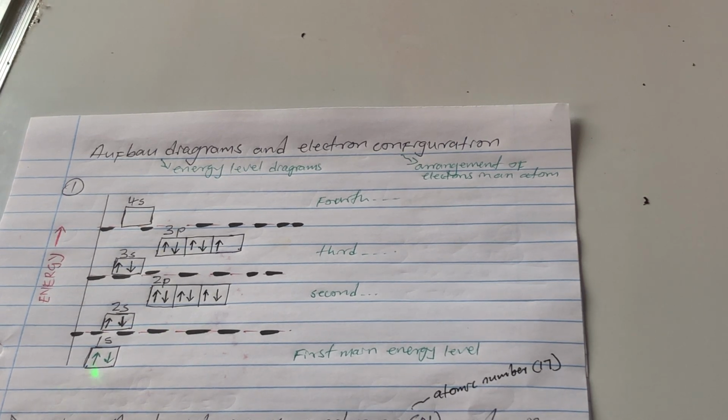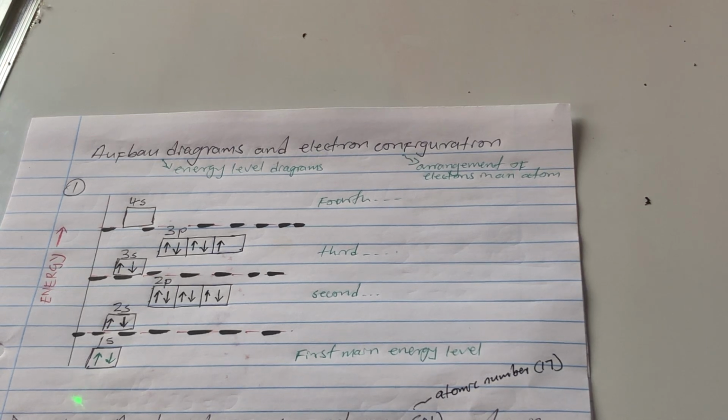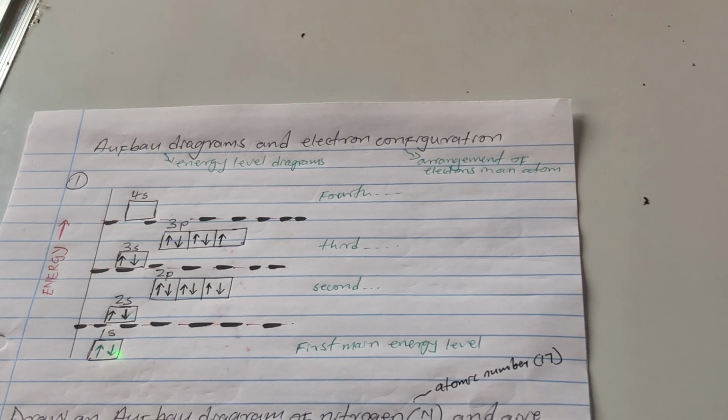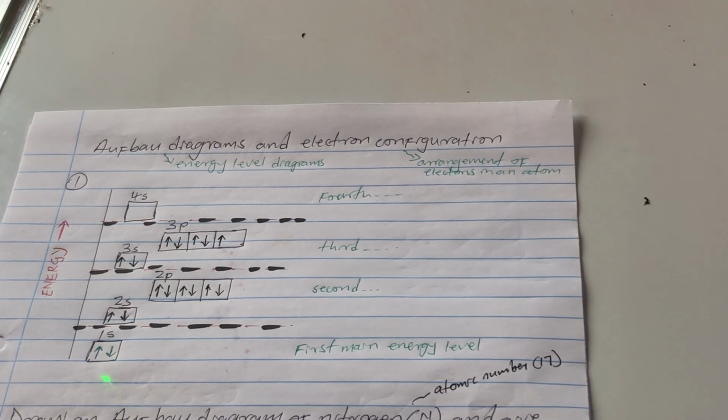You start by filling the first box. A box must contain only 2 electrons. One must point up and another one must point down.